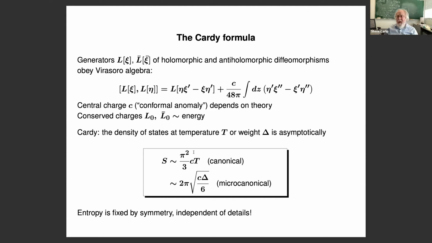This is universality. This is a situation in which you can have conformal field theories describing completely different sets of fields. But if they have the same central charge, the asymptotic density of states is the same.